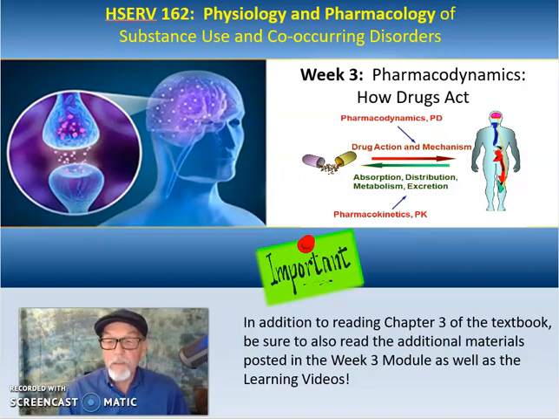So for example, endorphins or serotonin or dopamine are endogenous neurotransmitters. They're from within. They're made by your body and they're used by your body. As an example, morphine or methamphetamine, or antidepressants or antipsychotics, are exogenous substances that can change and affect the receptor sites.